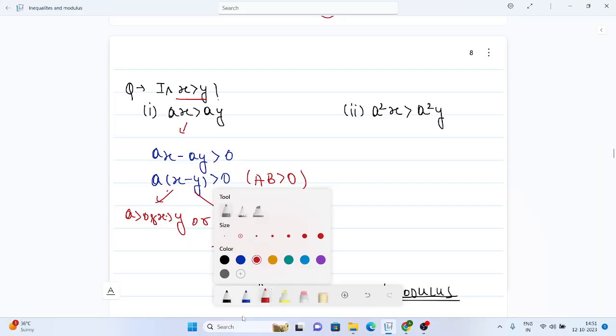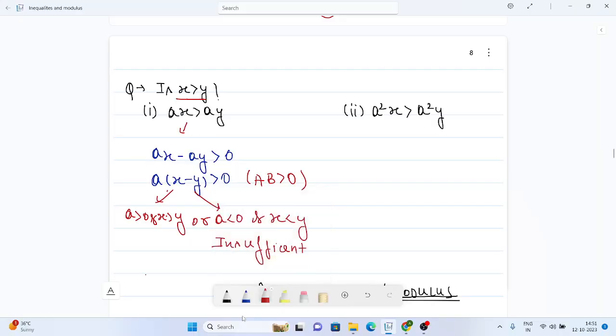In the second condition, let's see the second one. If I take variables to one side, it becomes a square x minus a square y is greater than 0. And if I take a square common, a square (x minus y) is greater than 0.